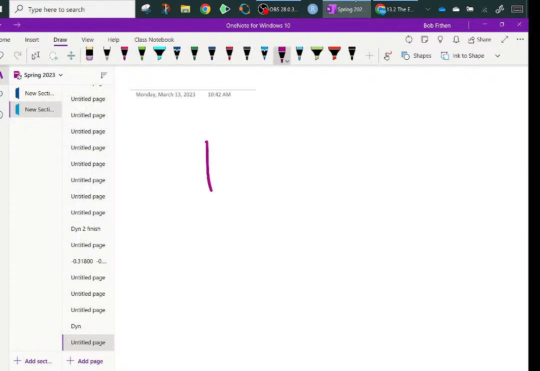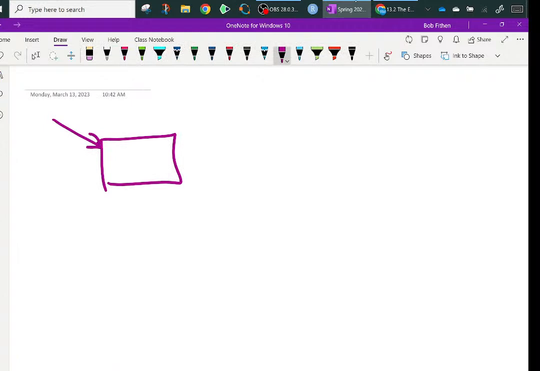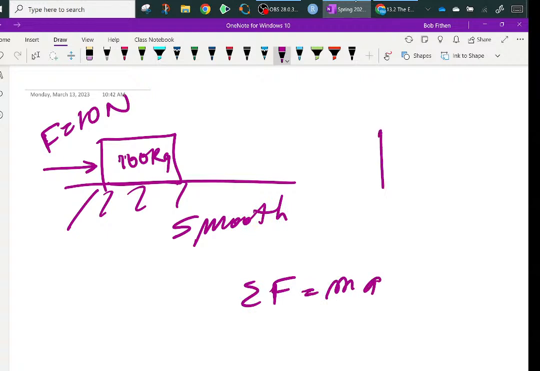So if you had a block and somebody pushed it, let's say, we'll just make it simple right now. It's 100 kilograms and I push it with a force of 10 newtons and it's smooth. How does this work? Well, sum of the forces equals mass times acceleration. So you look at this thing, if it doesn't have any friction, it's unbalanced.